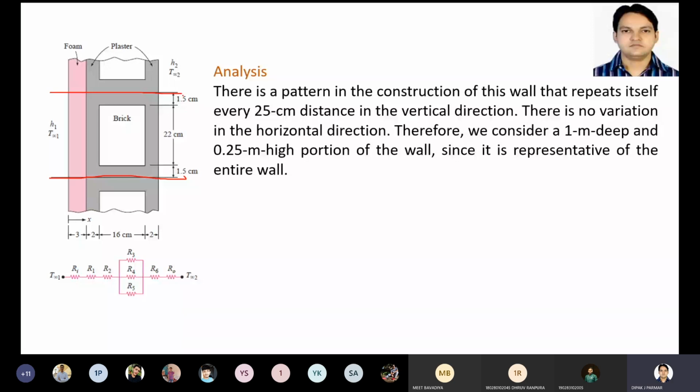So it is mentioned that the pattern is repeated every 25 centimeter in the vertical direction. There is no variation in the horizontal direction; it is uniform. Therefore, we consider a 1 meter deep and 0.25 meter high portion of the wall, since it is representative of the entire wall. We convert 25 centimeter into meter, so 0.25 meter, and we will do the calculation.